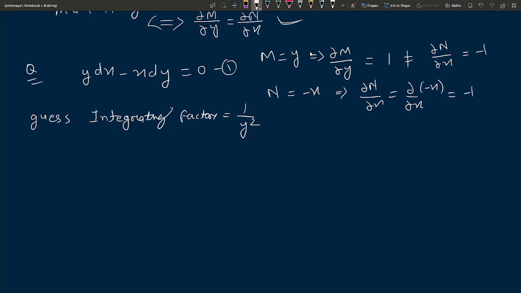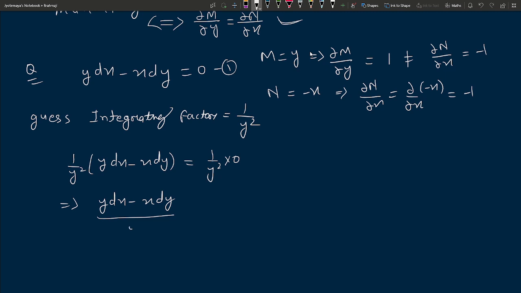Now multiply 1 by y square with equation 1 and see what happens. 1 by y square into y dx minus x dy equals 1 by y square into 0. So y dx minus x dy divided by y square equals 0.